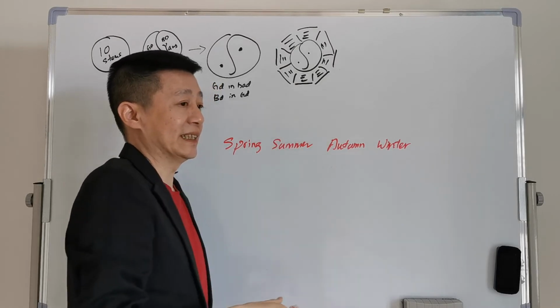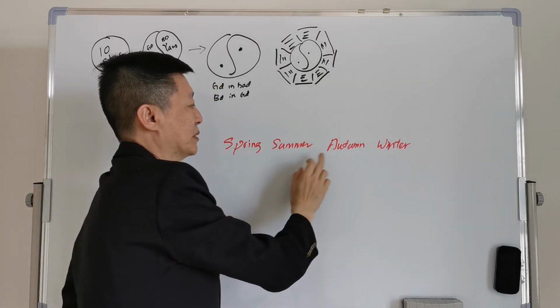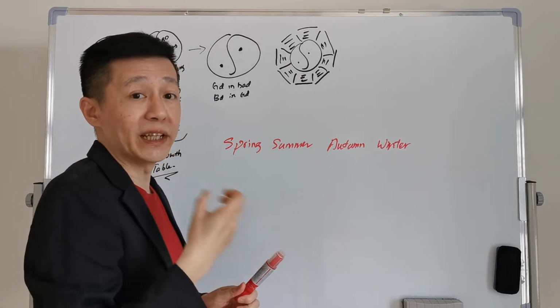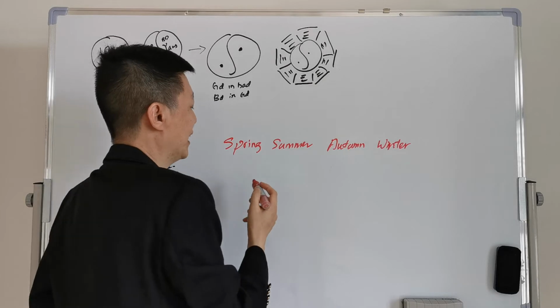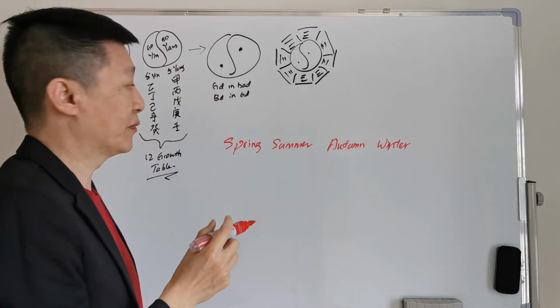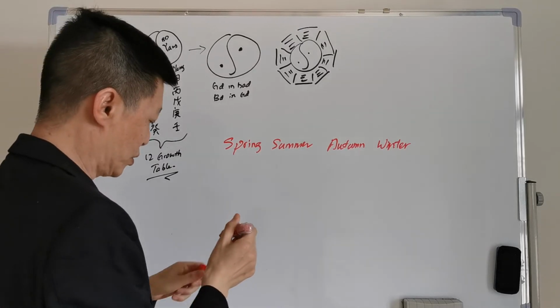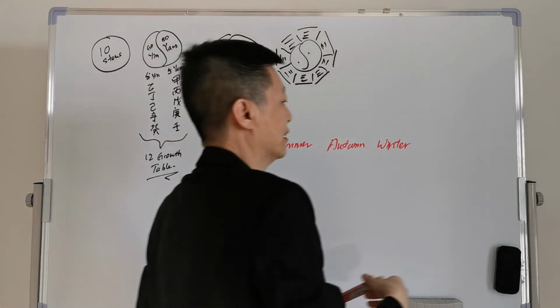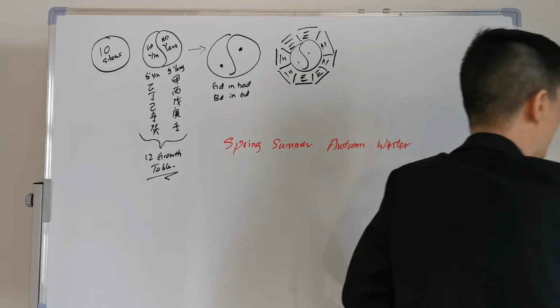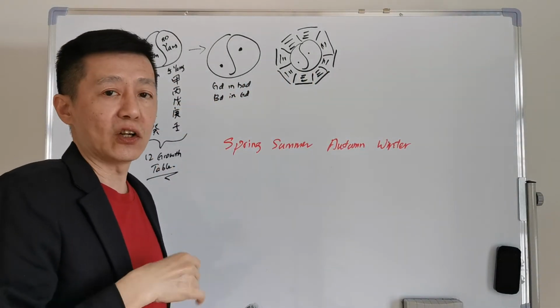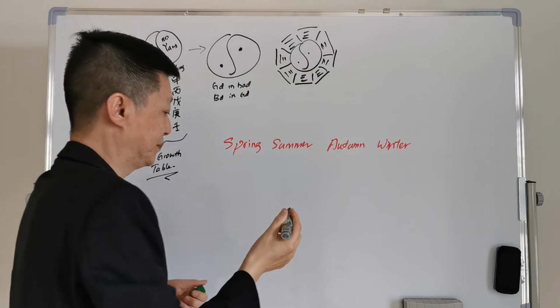But of course, all this cycle, spring, summer, autumn, winter, the controlling language comes from nothing but the 10 stems. So how do these 10 stems change and control the world?